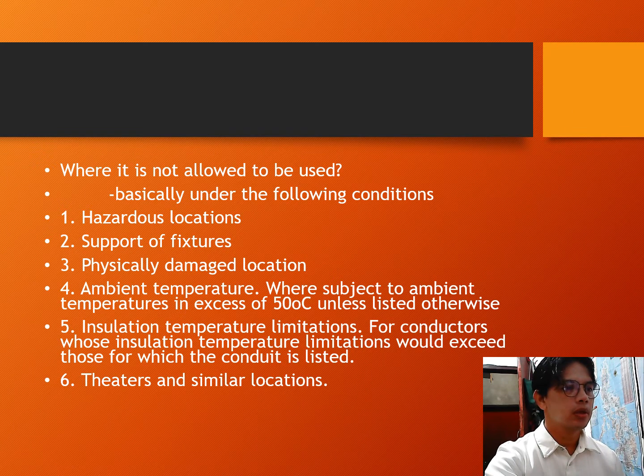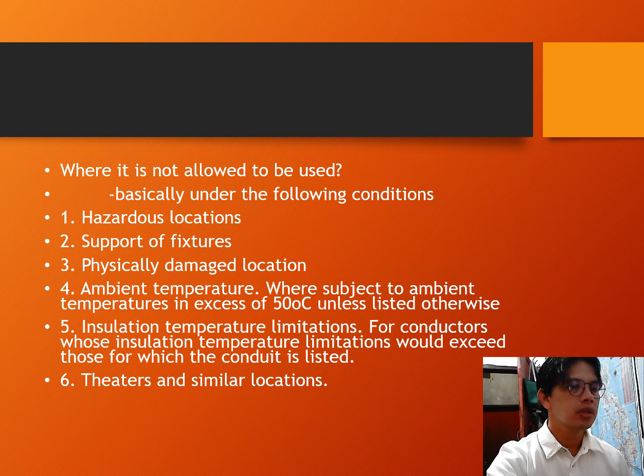So where it is not allowed to be used, basically under the following conditions. So there should be disadvantages, or not advantages, where it should not be allowed to be used. So, number one, hazardous locations, support of fixtures, physically damaged locations, ambient temperatures in excess of 50 degrees unless listed otherwise.